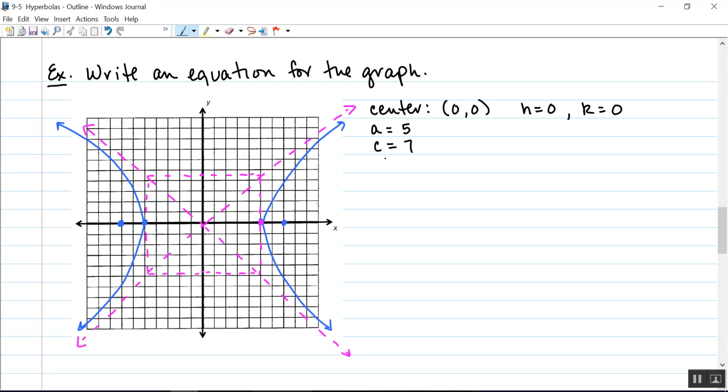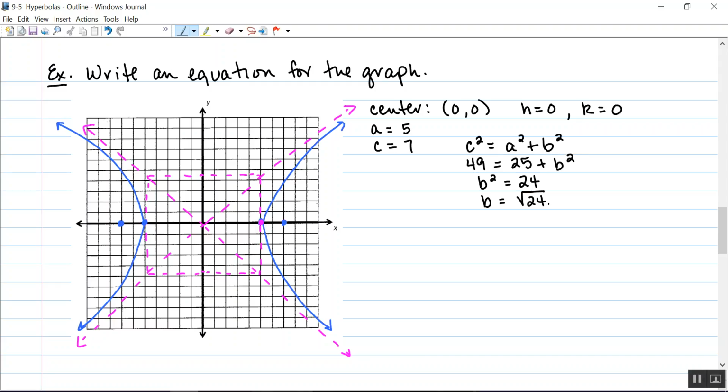Using c squared equals a squared plus b squared, I can find the exact length of b because I can't quite tell from looking at the graph. So 49 equals 25 plus b squared. So b squared is 24, or b is going to be the square root of 24.